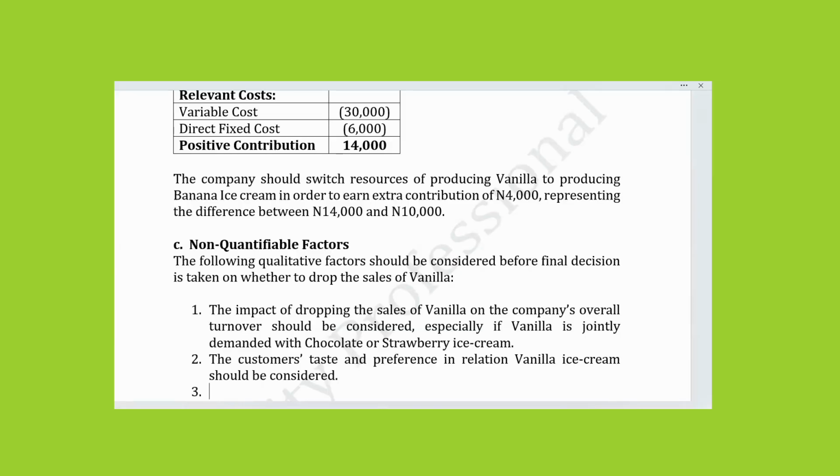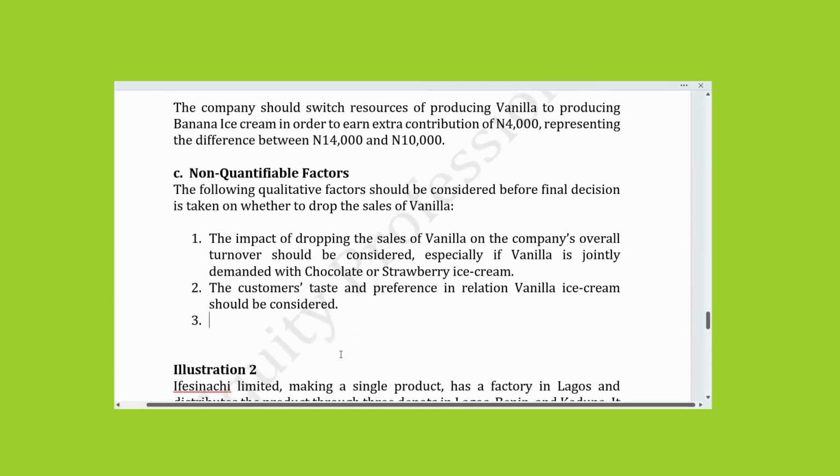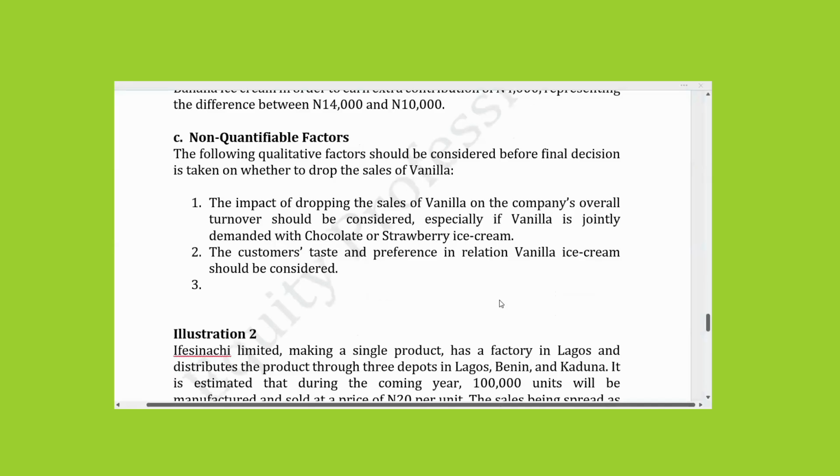Yes. Who again? Shola, you want to say more? No, sir. Okay. Yes, any other? Another one is the overall effect of what the impact will be on the workers.